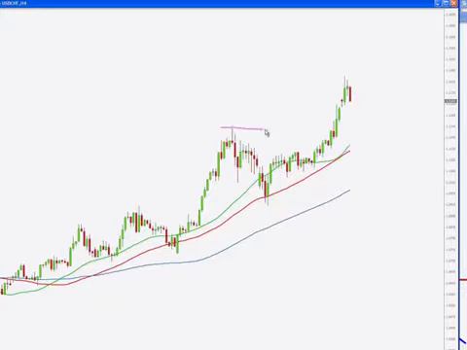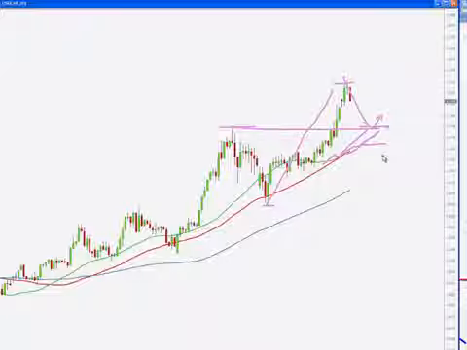Ideally you would see a bounce off this area, the dynamic area of support and resistance, of the previous swing high. Remember that we also had the Fibonacci retracements somewhere in this area, so that would be a nice confluence of different elements of support, and any bounce we may get off that area would probably give a very nice, very profitable buy opportunity there.